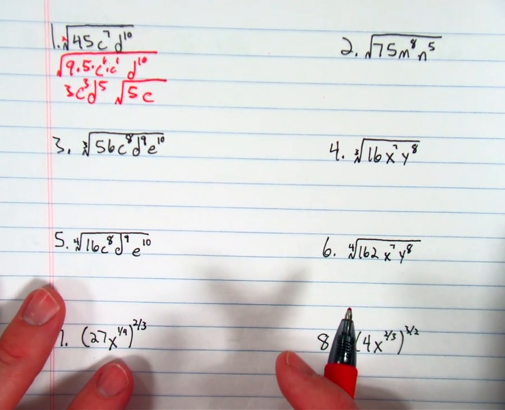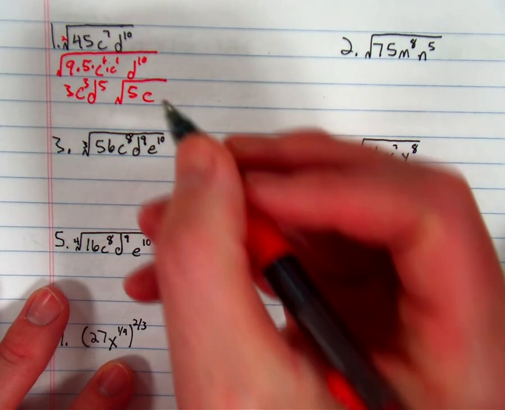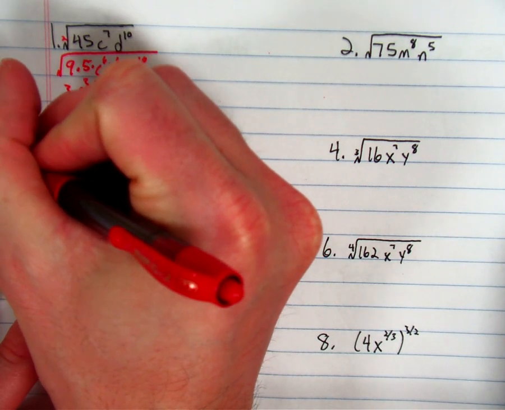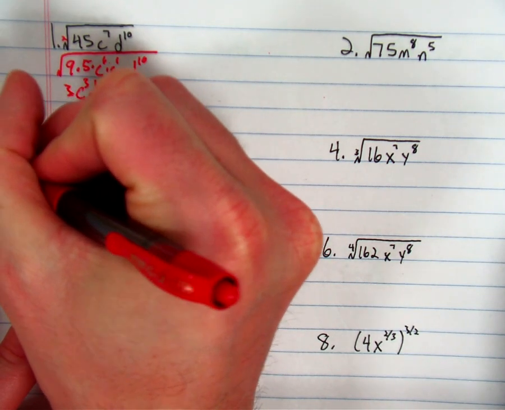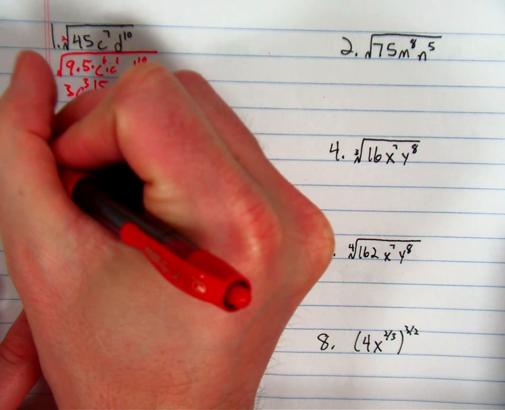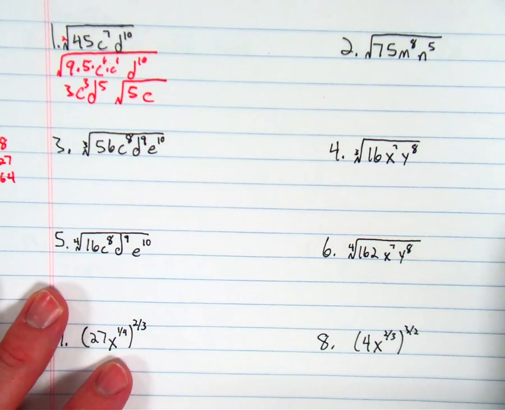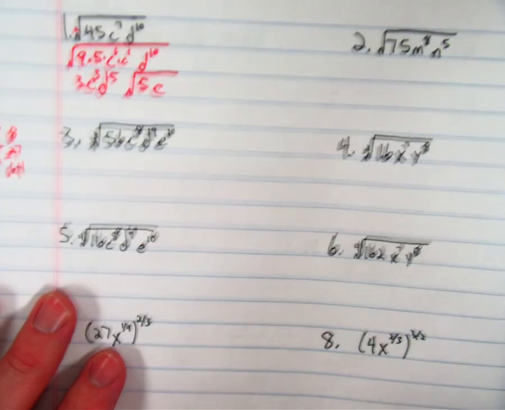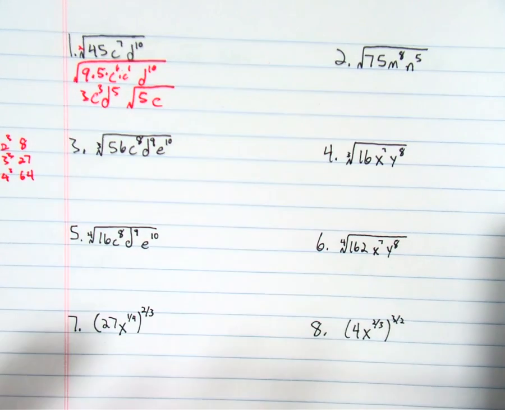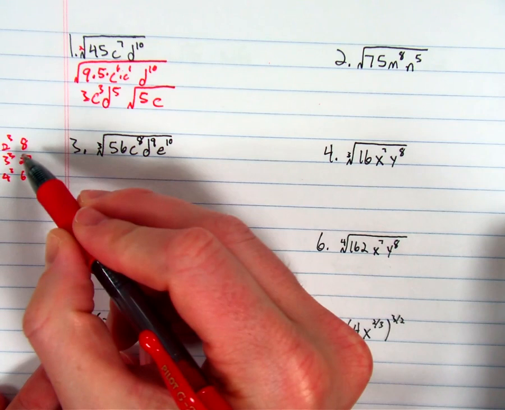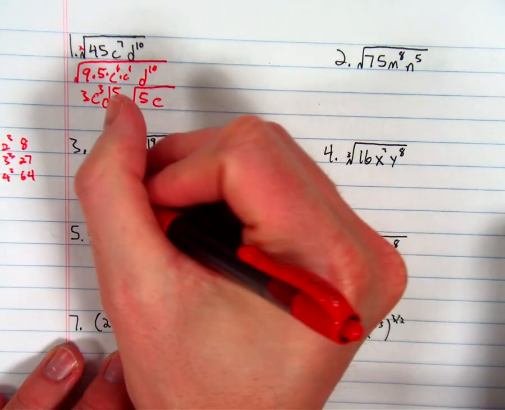Okay, same thing for number 3, but it's a cube root. So we got to think of some cubes. We got 8, 27, and 64 to think about there. Zoom out for you. Okay. So 56 divided by 8 would work.